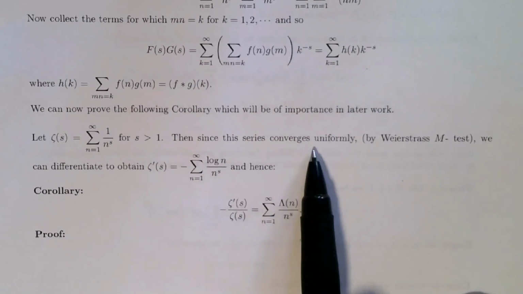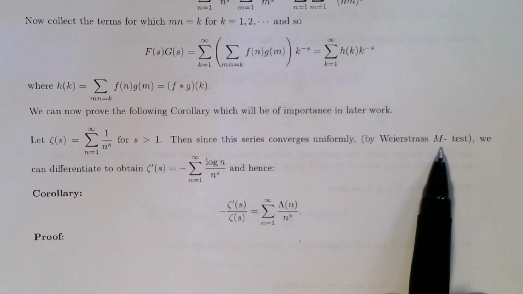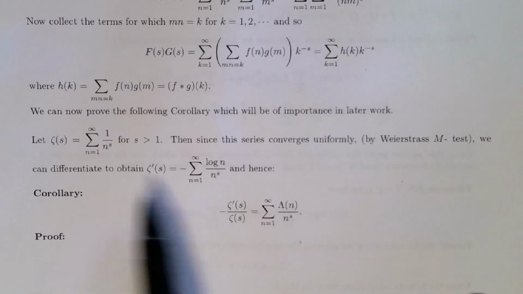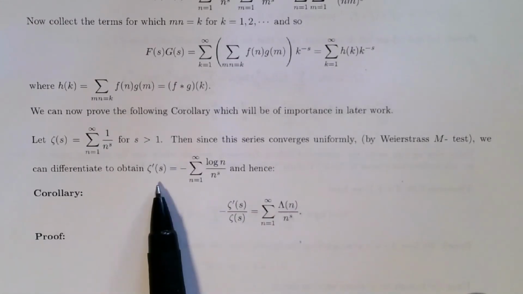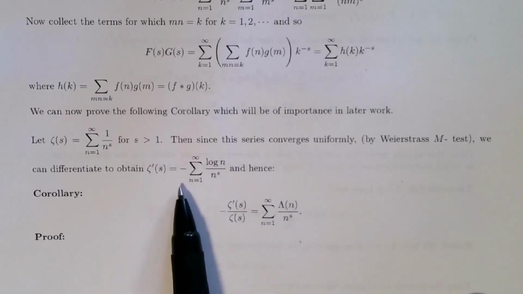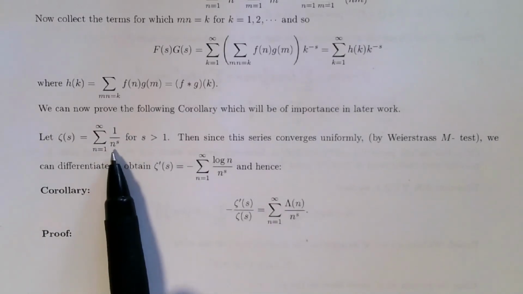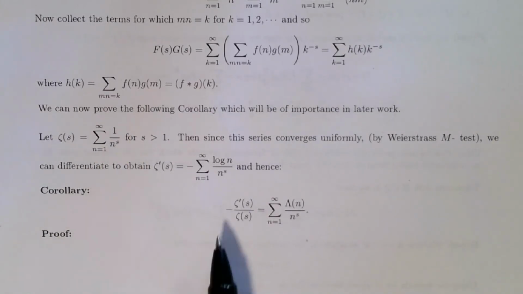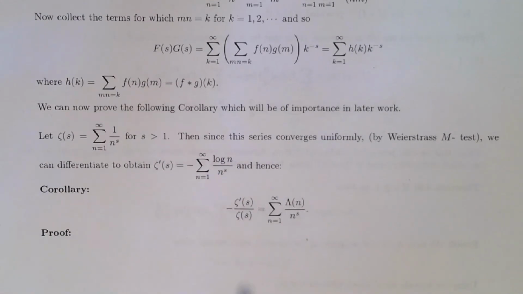Since this series converges uniformly by the Weierstrass M-test, which I'll leave you to check, we can differentiate both sides, and we obtain this here. You might like to check that if you take the derivative of 1 over n to the s with respect to s, this turns out to be minus log n over n to the s, which I'll mention again in a moment.